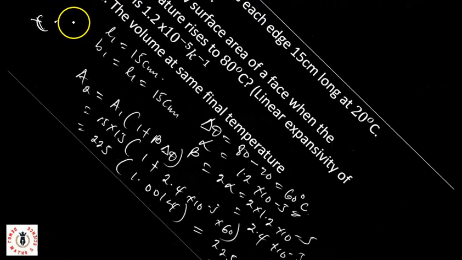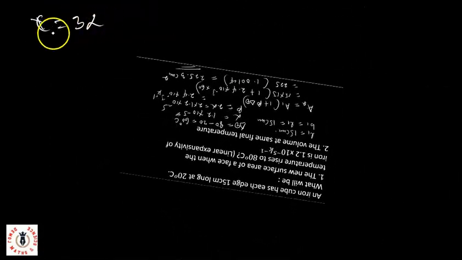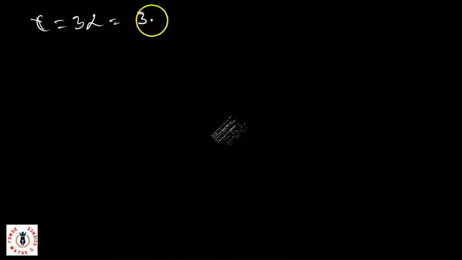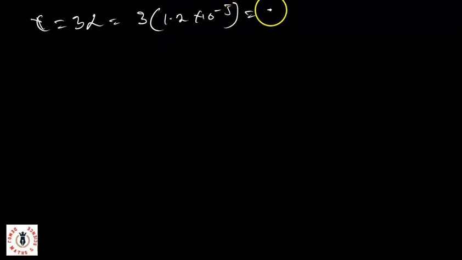Our volume expansivity is given as 3 times the linear expansivity. That's equal to 3 into 1.2 times 10 raised to the power minus 5, which is 3.6 times 10 raised to the power minus 5. And since it's a cube, my length is equal to 15 centimeters.